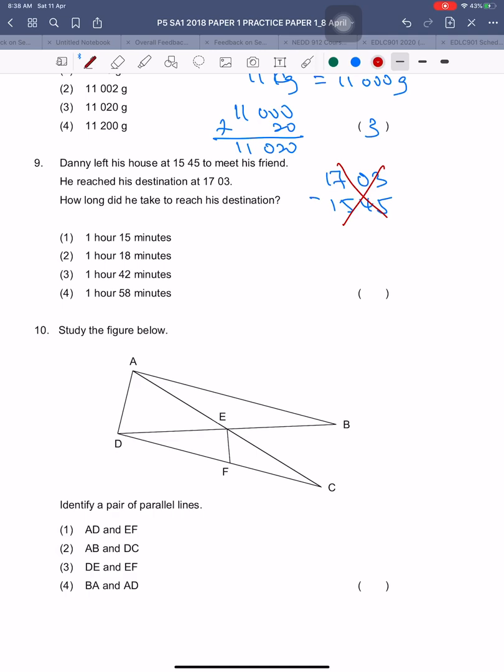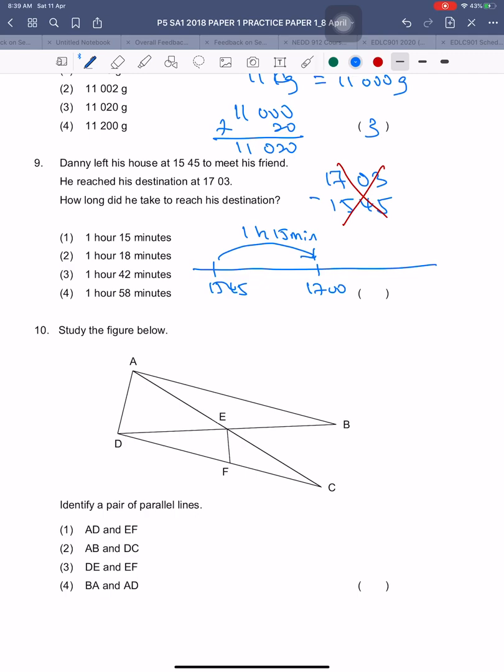So use the number line to help you. So this is 15:45. You have to work out from here to here. Let's say it's 1700 hours. So this will be 1 hour 15 minutes.